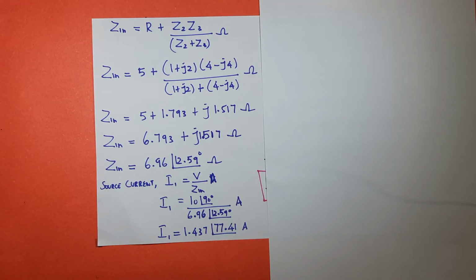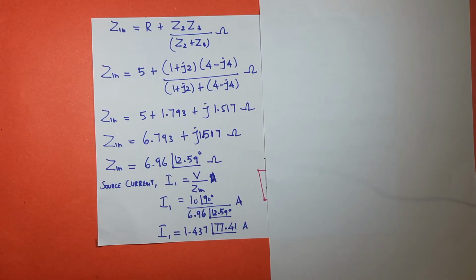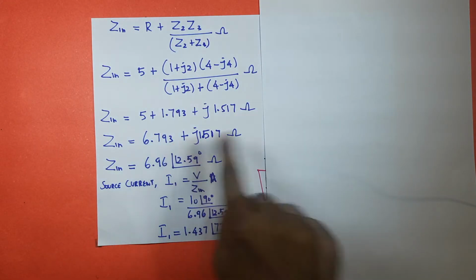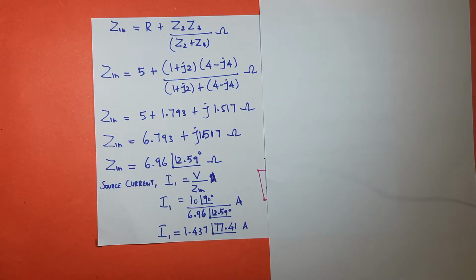So Zin equal to 5 plus (1 plus J2) into (4 minus J4) divided by (1 plus J2 plus 4 minus J4) ohm. So calculation you can do by using your calculator in the complex mode of operation. You can directly input this and directly evaluate this.